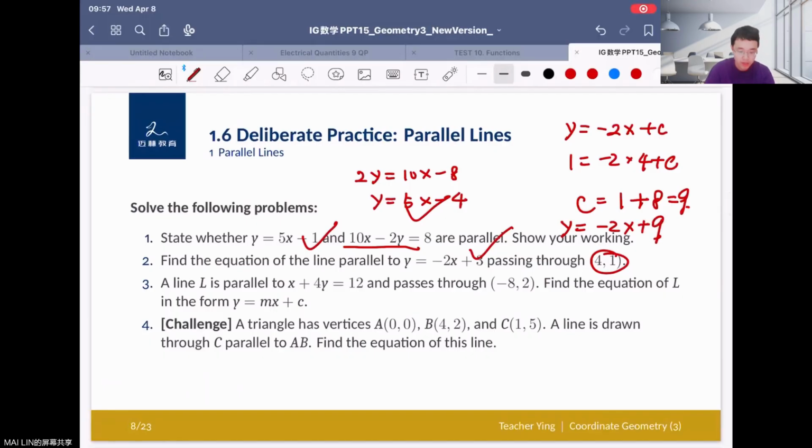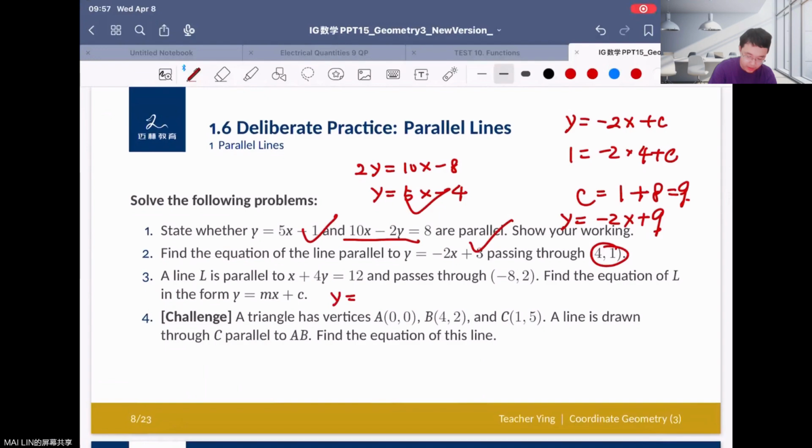And the third problem: a line L is parallel to x plus 4y equals 12 and passing through (negative 8, 2), right? So first you can rearrange the form, right? So that is y equals negative 1 over 4 x plus 3, okay? And because the line is parallel to this line, we can write it as y equals negative 1 over 4 x plus c, right?